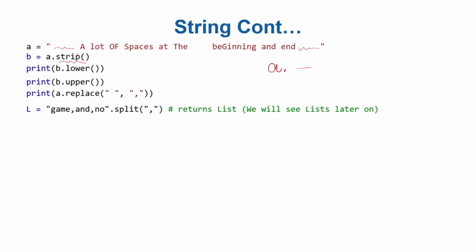This a dot some function operates on this a. One difference between method and function is when you call a function with a dot, let's say a dot strip, then inside the definition of the function, this a object or the a variable is available, like you have passed that variable as an input argument.